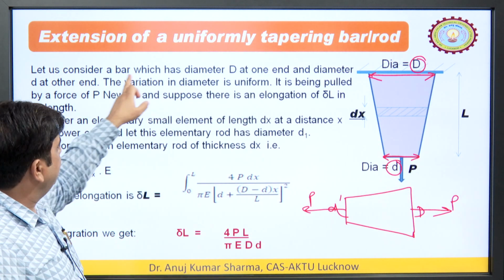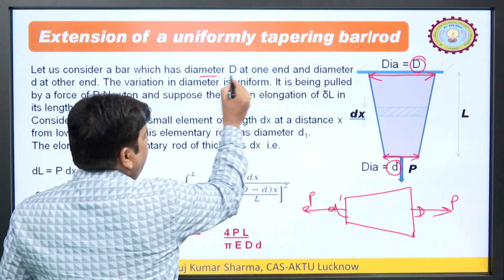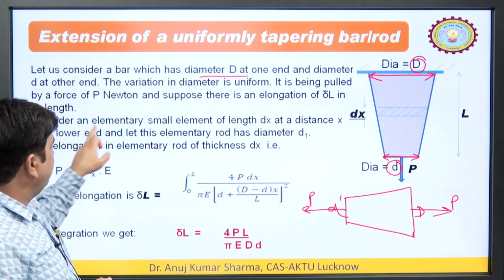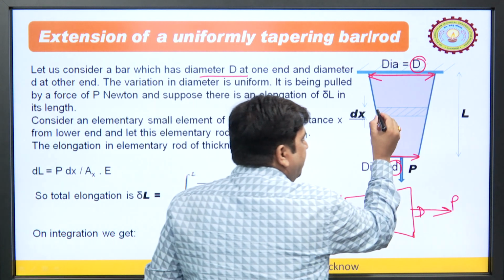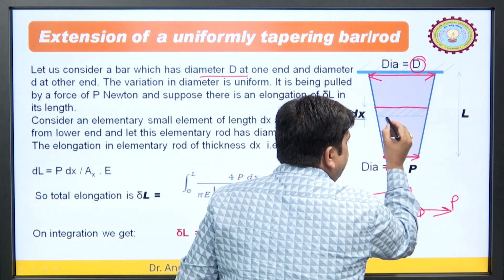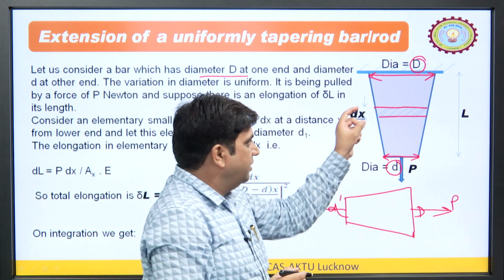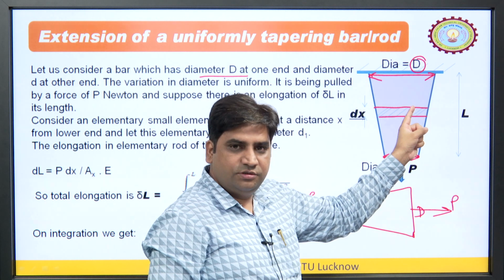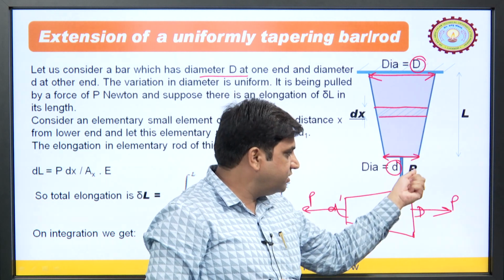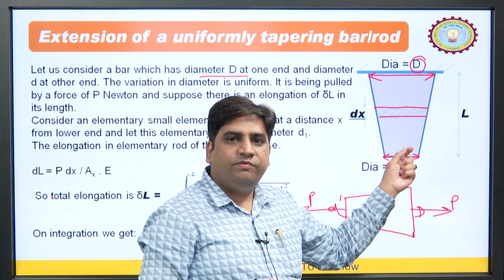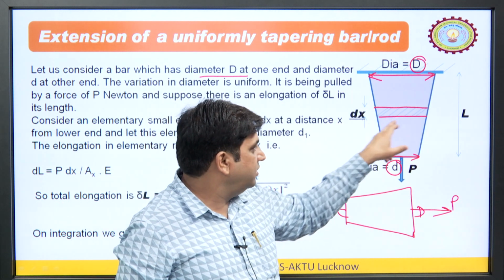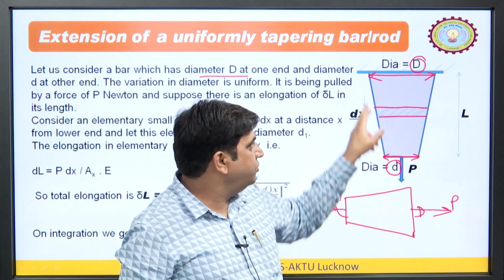So, let us consider a bar which has diameter D at one end and diameter small d at the other end. What we can see is that we can consider this element. We will calculate the elongation in this portion with the application of this load P, then we will integrate the elongation of this particular member from here to there.